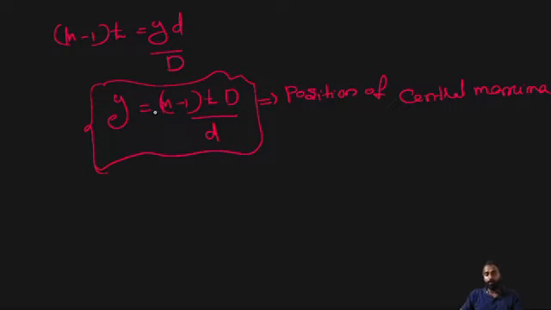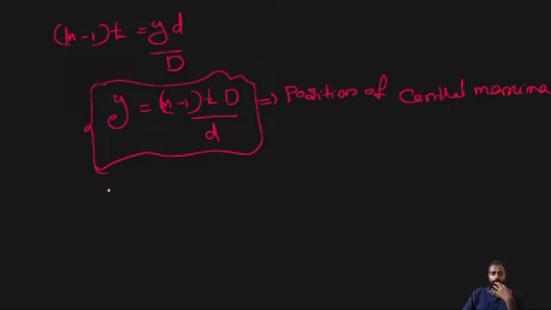Okay, so due to the glass slab, we got a shift of the central maxima to a new position at a distance of y equal to (mu minus 1) t times D by small d. This shift occurs if you put the glass slab on the top slit, then the shift is towards the top direction, towards the glass slab.